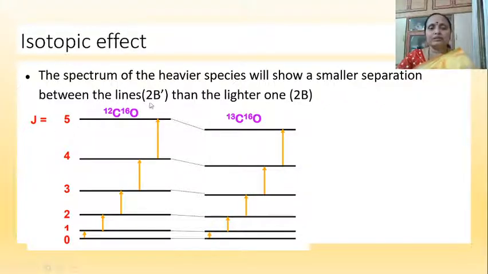So due to the substitution of isotopes, the heavier species will show a smaller separation between the lines in 2B' than the lighter one in 2B.